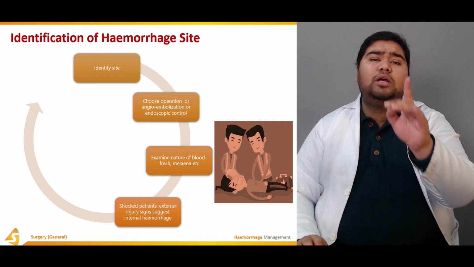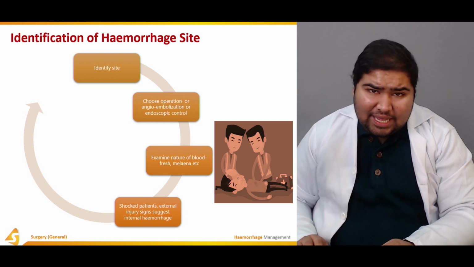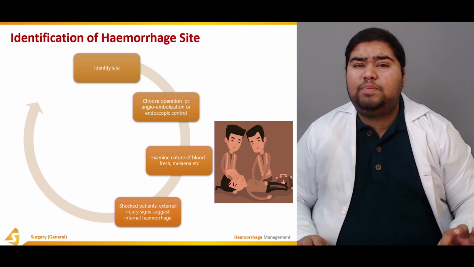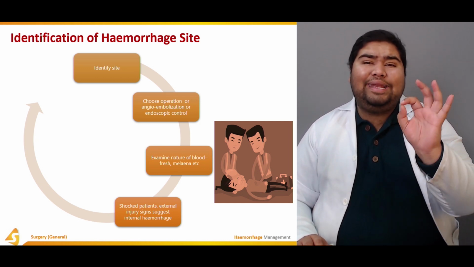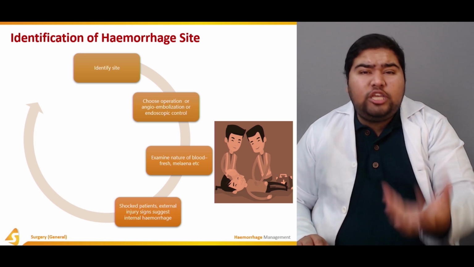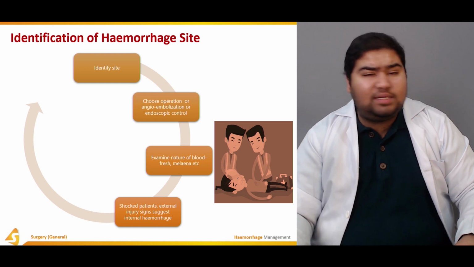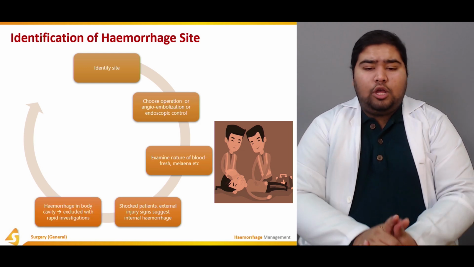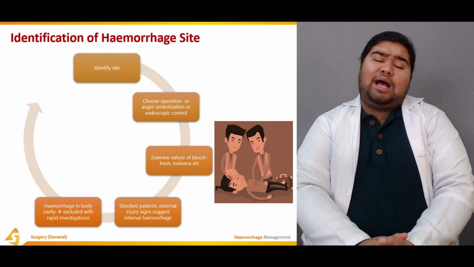So always trust your gut. Always trust your senior. Whenever you suspect bleeding, always inform the senior doctor and voice your suspicions. You might be wrong, but you might just save your patient. Again, hemorrhage in the body cavity should be included with the rapid investigation.